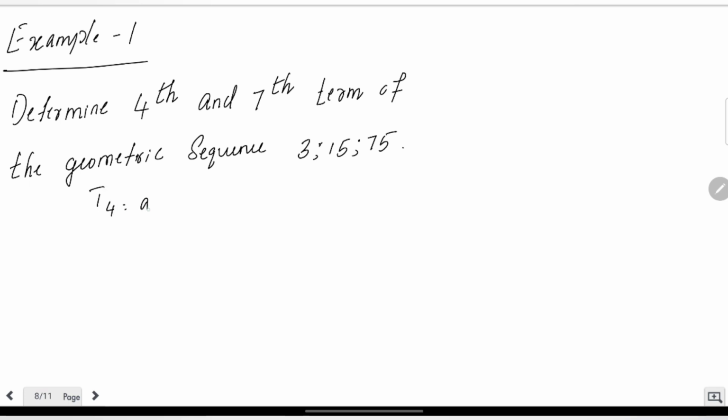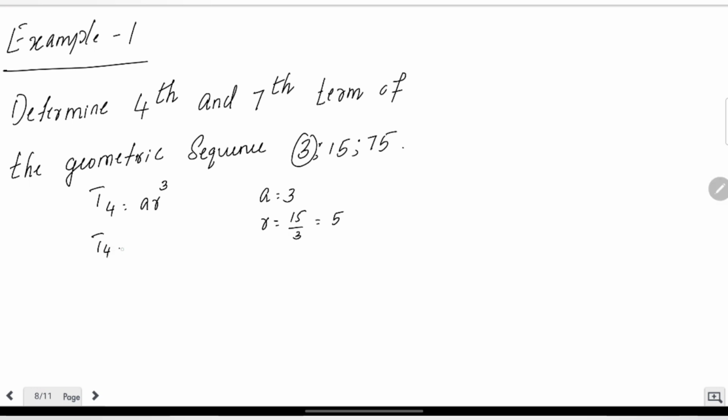T4 is equal to ar to the power 4 minus 1. We are finding a and r here. a is the first term, that is 3. Then what is r? The second term divided by the first, 15 divided by 3, which is going to be 5. Okay, so we got a and r. Those are the important ones. If you know a and r, you can find any term.